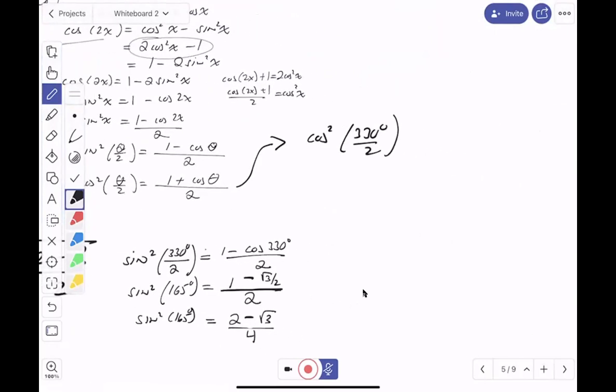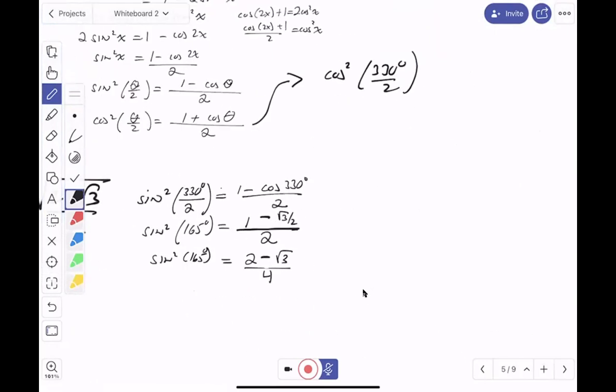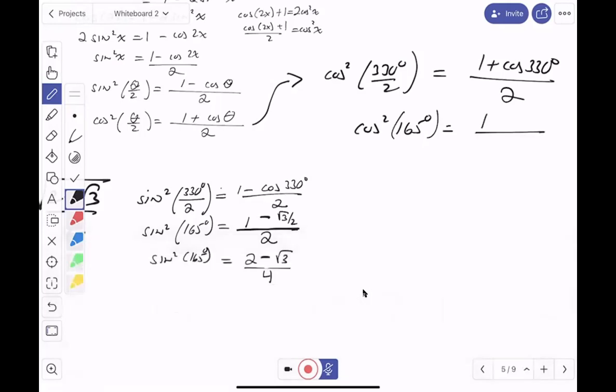All right, let's keep going. Which is going to be equal to 1 plus the cosine of 330 degrees over 2. This is the cosine squared of 165 degrees, by the way, would equal 1, and the cosine of 330 degrees is root 3 over 2.